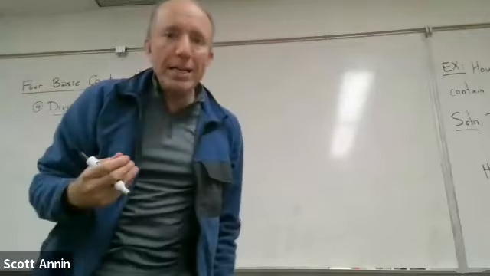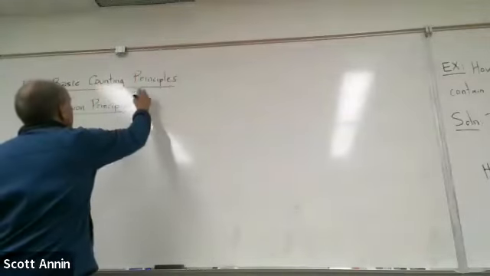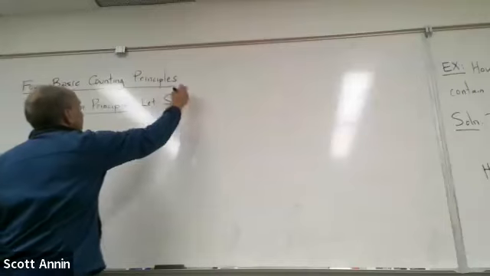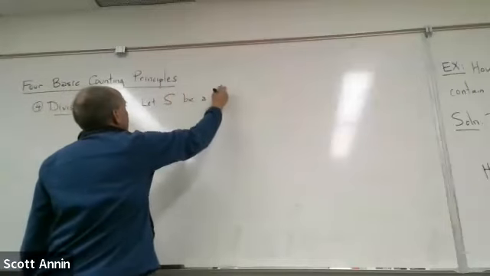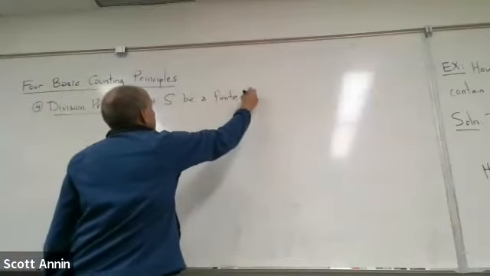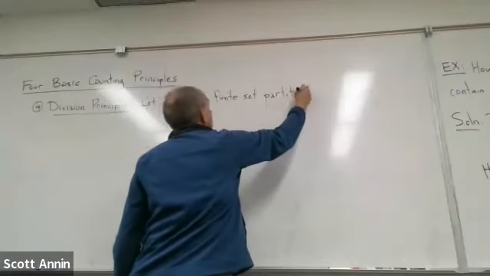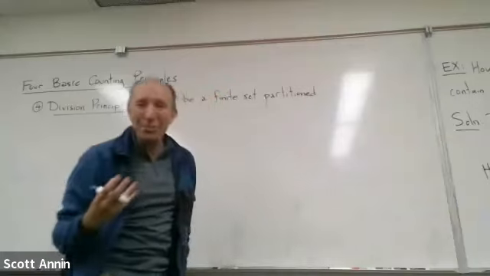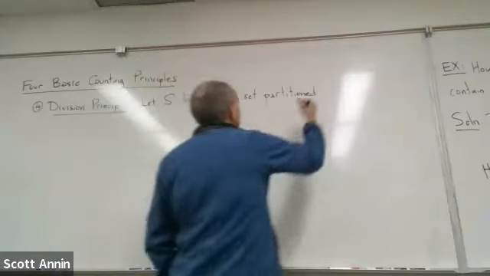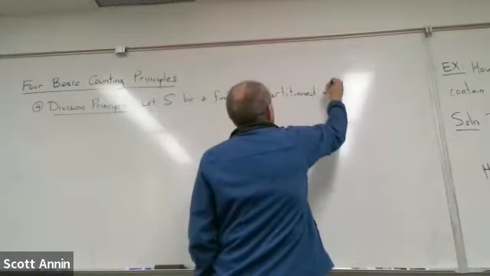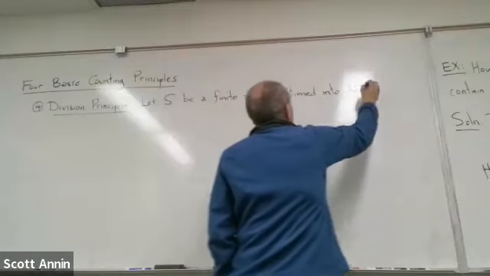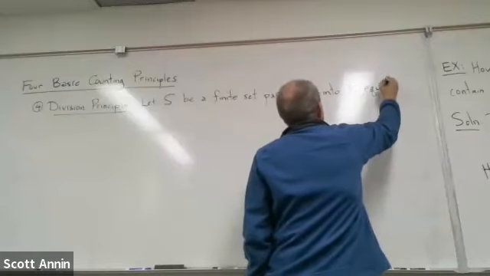What this one says basically is that if we start with a finite set, let's call it S again. Let S be a finite set partitioned. Once again, like we did with the addition principle, we are going to partition the set S into K equal-sized parts.